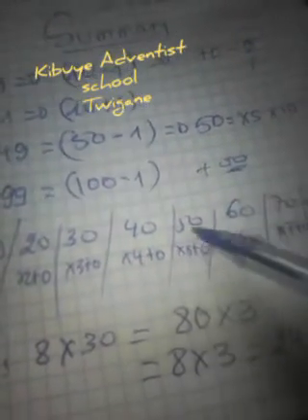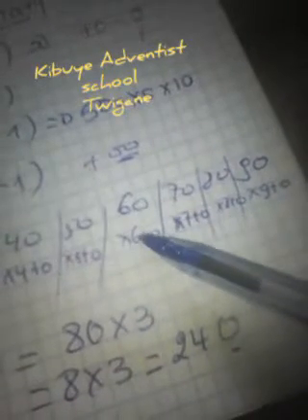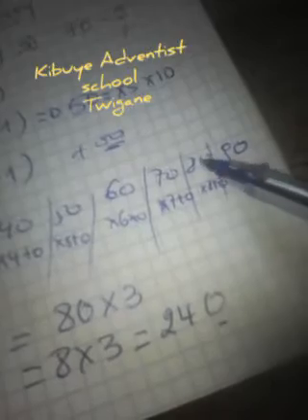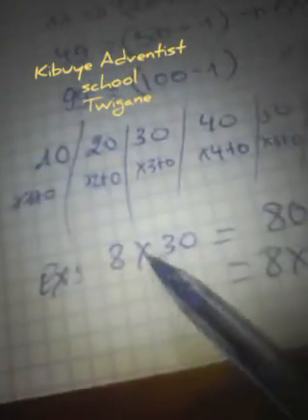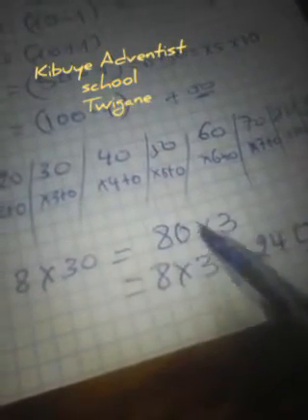For example, 8 times 13, you will take 8 times 10, or add 0, plus 8 times 3, which is equal to 24.